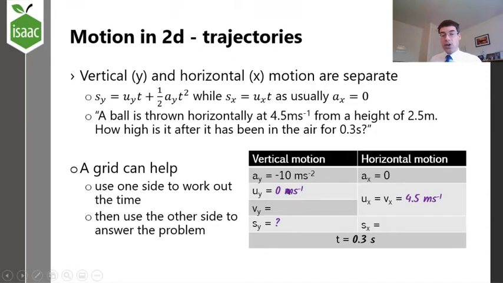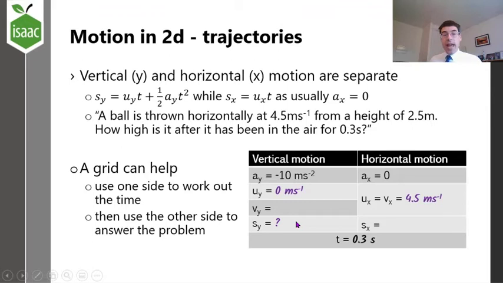We know the acceleration, we know the initial velocity, and we know the time. And given those three things, we could use the equation to work out the displacement. And once we got that, given we know that it started at a height of 2.5 meters, we would be able to work out how high it was after the 0.3 of a second.